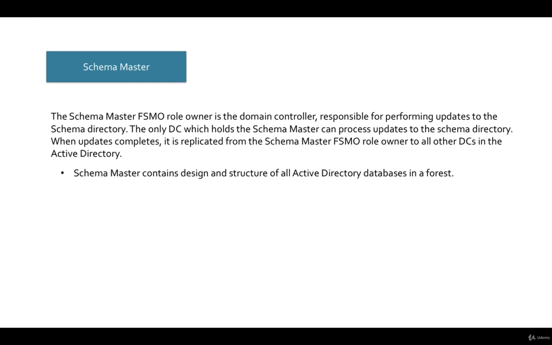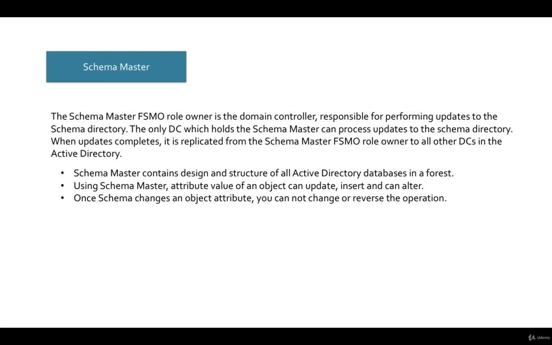Schema master contains the design and structure of all Active Directory databases in a forest. Using schema master, the attribute value of an object can be updated, inserted, and altered. Once schema master changes an object attribute, you cannot change or reverse the operation. Only one schema master is available per forest.